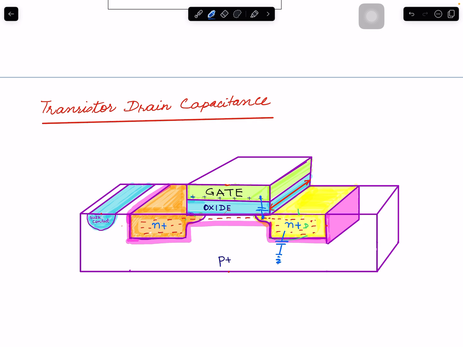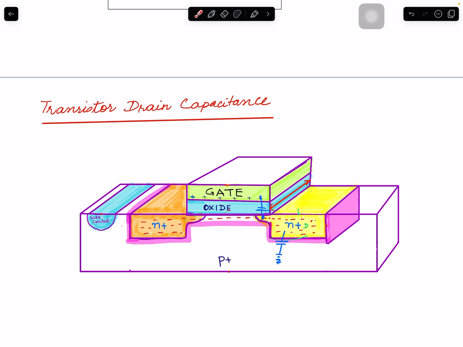Now it's important that you look at this in 3D. In 2D this is good, but in 3D this whole area has a depletion. Think of it like you have a PMOS here and then you have an NMOS here. So it's not open on this side; this is just for better visibility.